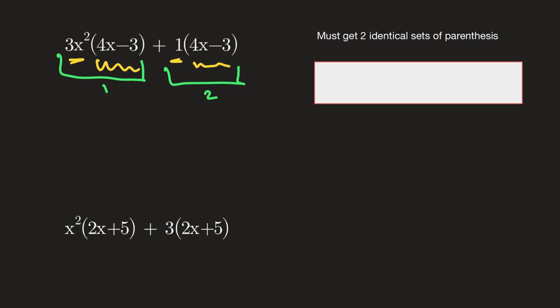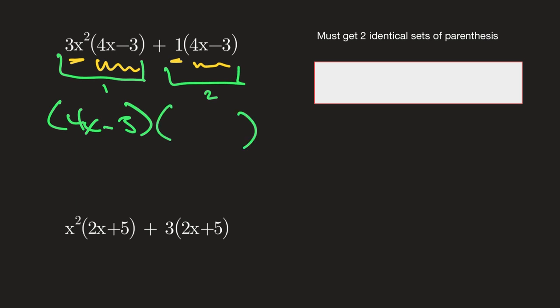The parentheses, okay? So we're going to look at these two things as two separate terms and say, look, both of these terms have a common 4x minus 3. And just like we do with pulling a GCF, we're going to say, hey, if 4x minus 3 is common in both of these bigger terms, I'm going to factor that out. I'm going to take that out of both terms.